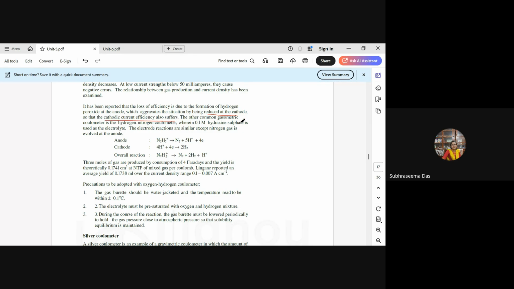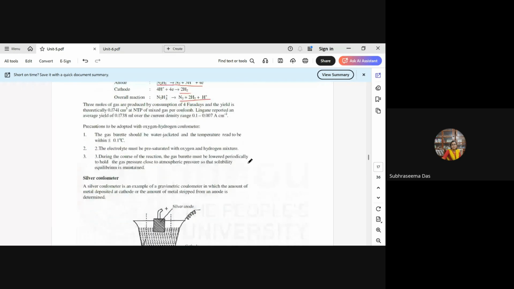The other common gasometric coulometer is the hydrogen nitrogen coulometer. The anode reaction is given as N2H5+ giving rise to N2 plus 5H+ plus 4e. The cathodic reaction is 4H+ plus 4e giving rise to 2H2. The overall reaction gives the evolution of N2 and H2. If we look into the total number of moles, we see 1 mole of nitrogen and 2 moles of hydrogen, that is total 3 moles of gas.